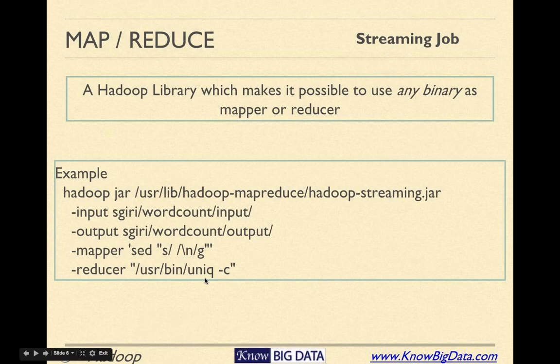But the good news is some people wrote a library in Java which can utilize any command as mapper and any command as reducer. As we were telling you, anything that can convert an input into key and value can be your mapper. Any command that can combine values for a key can be the reducer. And that is something you can do using Hadoop streaming.